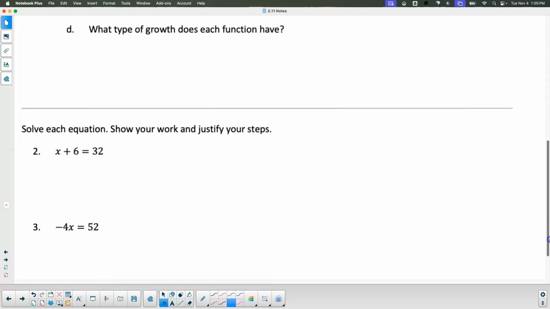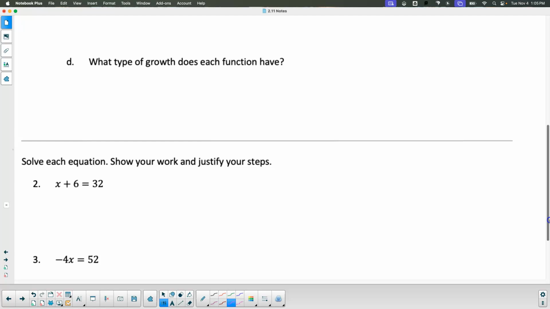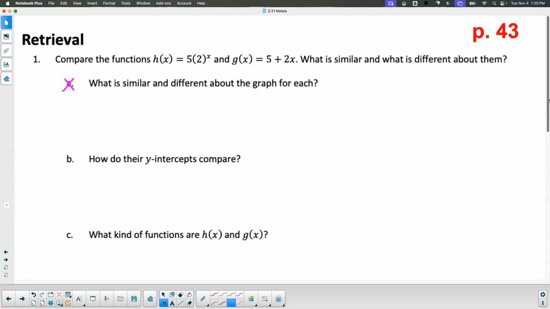So that would be check your work. We can check our work. We want to know if we're right or not.